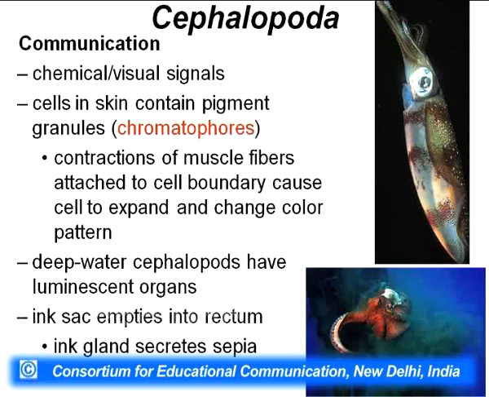So, males and females can be seen mating in the sea, where the exchange of gametes takes place. The deep water cephalopods, where there is no light, generally show luminescent organs, they shine and provide a beautiful picture, and they have this ink sac for their own protection.